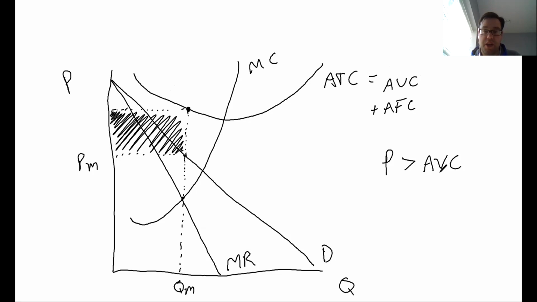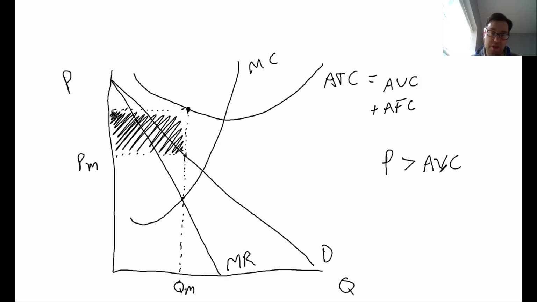That's the explanation. So as long as the price is above the variable cost, a firm should continue to operate, even if they're making economic losses in the short run. Because the price is above the variable cost, in a way, they're making some of those fixed costs back. So if this firm could find a way to increase its quantity, then presumably at some point it would move into economic profits, and hopefully that would be what happens in the long run.